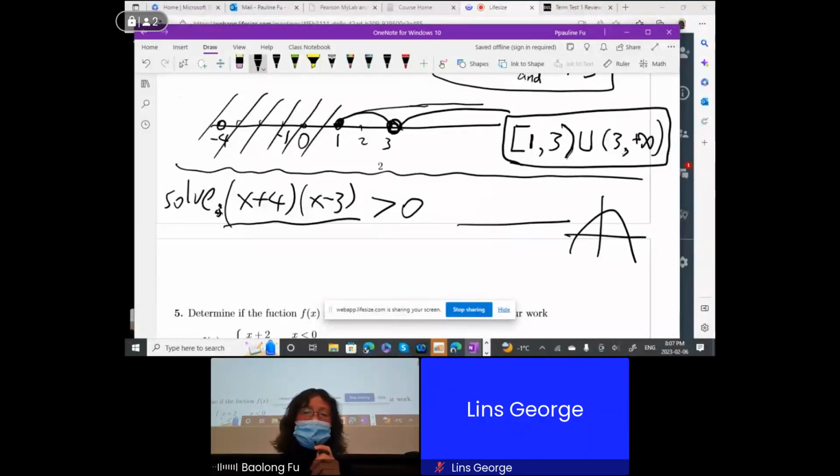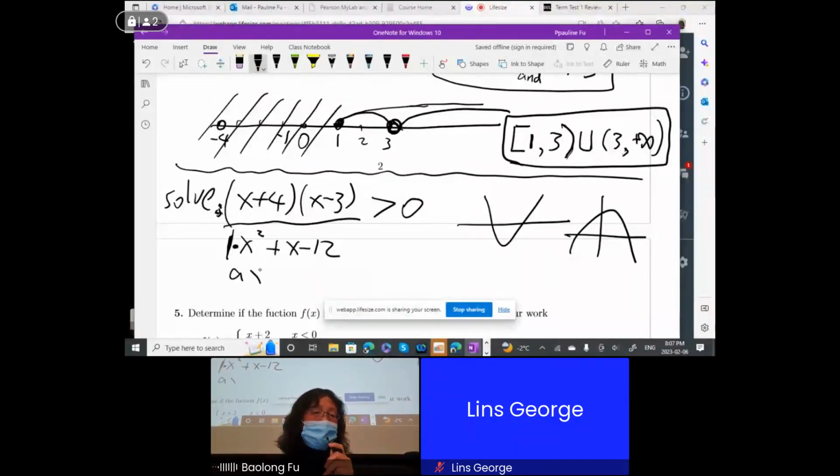So how do I know it is concave up or concave down? You look at the coefficient of x squared. So if you expand this, you get x squared plus x minus 12. The coefficient of x squared in this case is 1, is greater than 0.